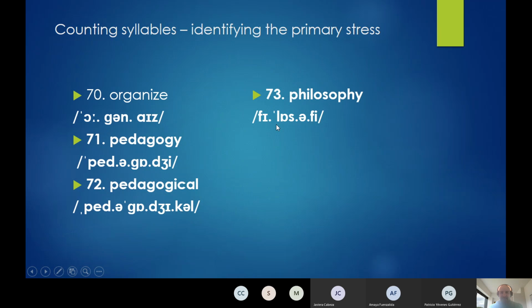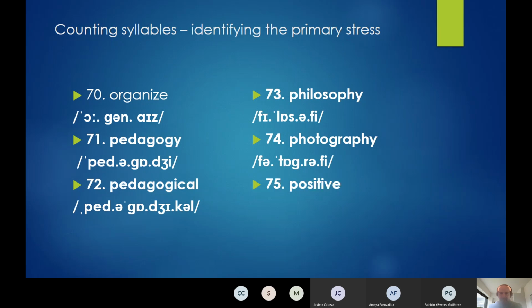Word 74 is photography, which has 4 syllables, and the second one is the most salient one. And my last word was positive. Positive has 3 syllables, and the first one is the most prominent, or the stressed syllable, in this word.